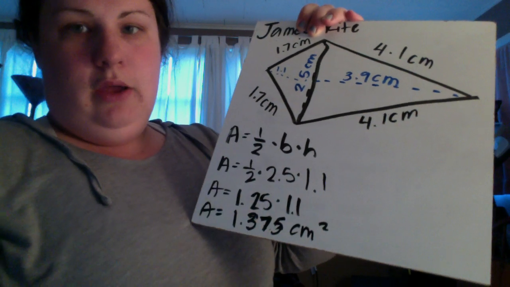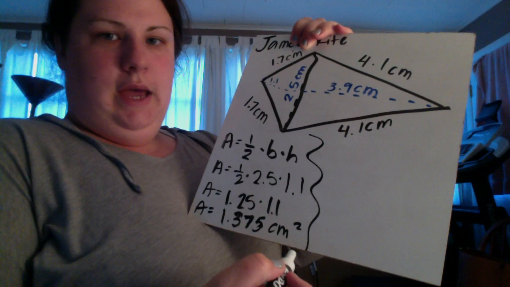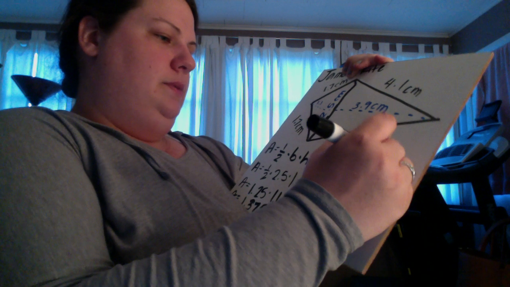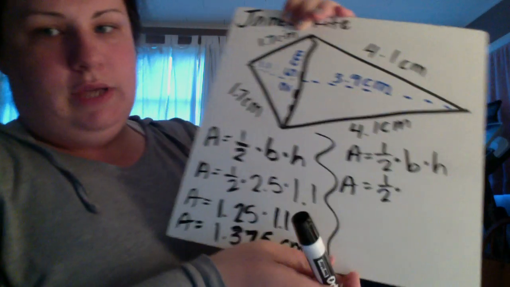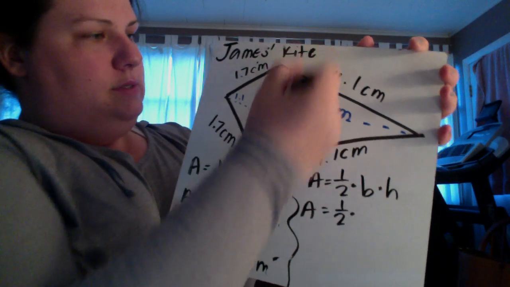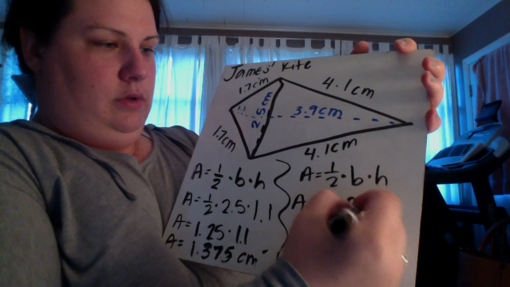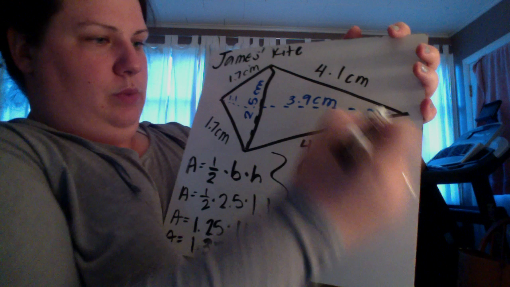Now I need the area of my bigger triangle on the right. So we're going to do that on this next side. Again, area is 1/2 times the base times the height. That's our pattern. We're using that every time we have a triangle. The base of this is this side right here, this 2.5. But our height now is this 3.9.